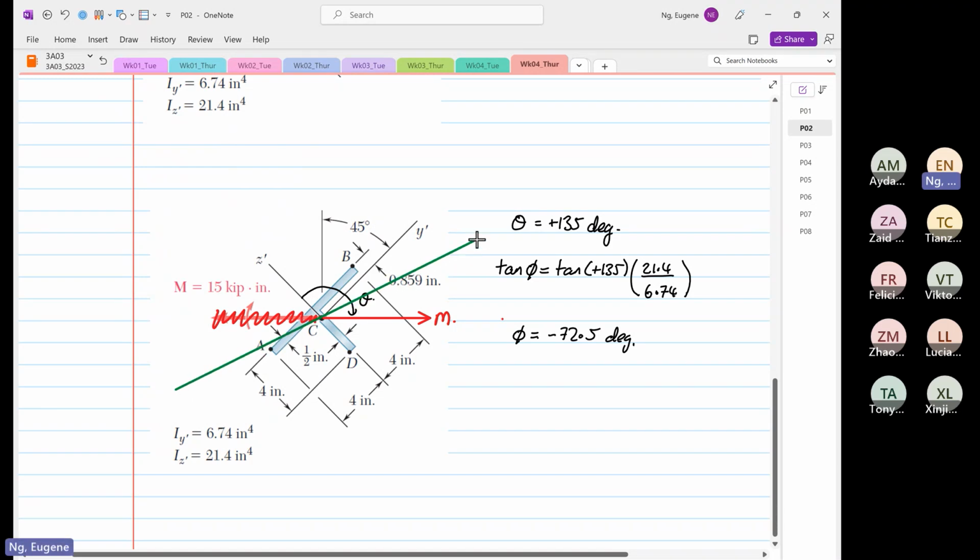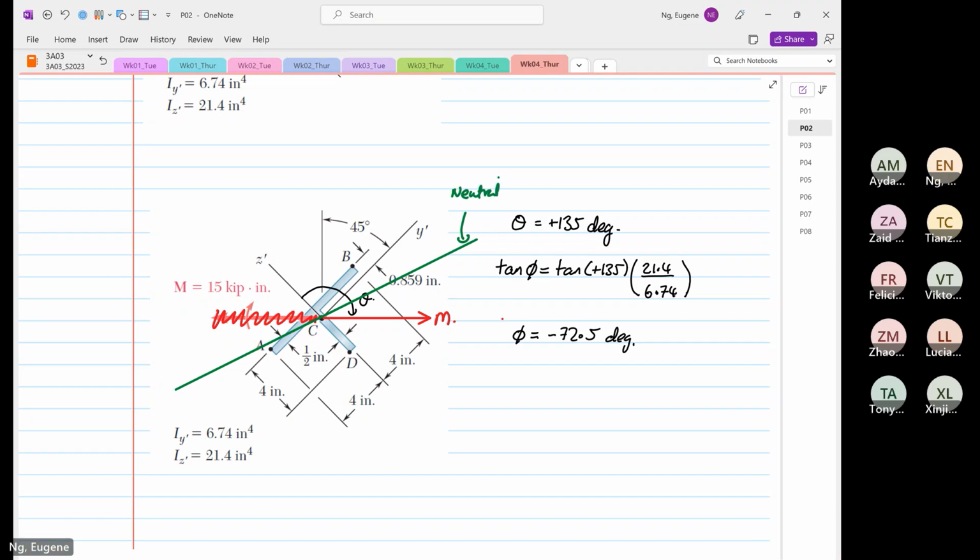So this again is our position of our neutral axis. So again, because it's also minus over here, this will be from here to here, right? So phi is equal to minus 72.5 degrees.